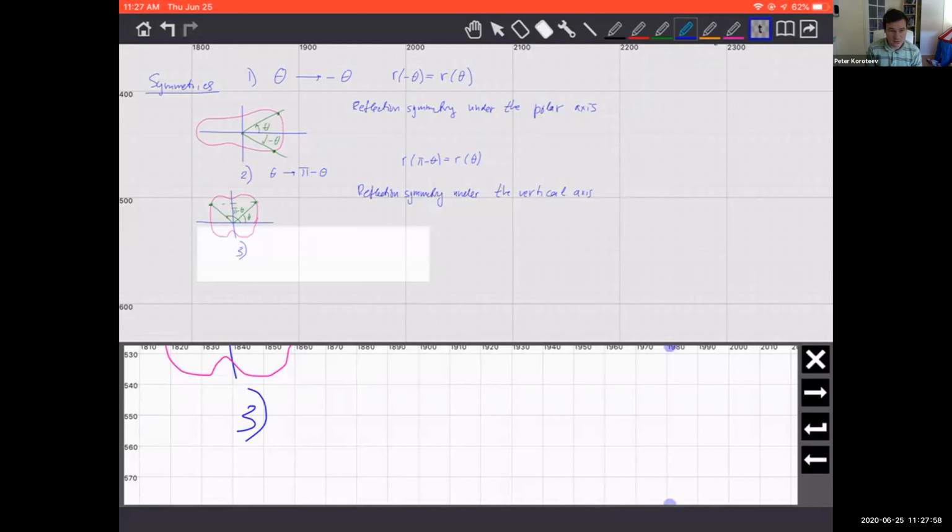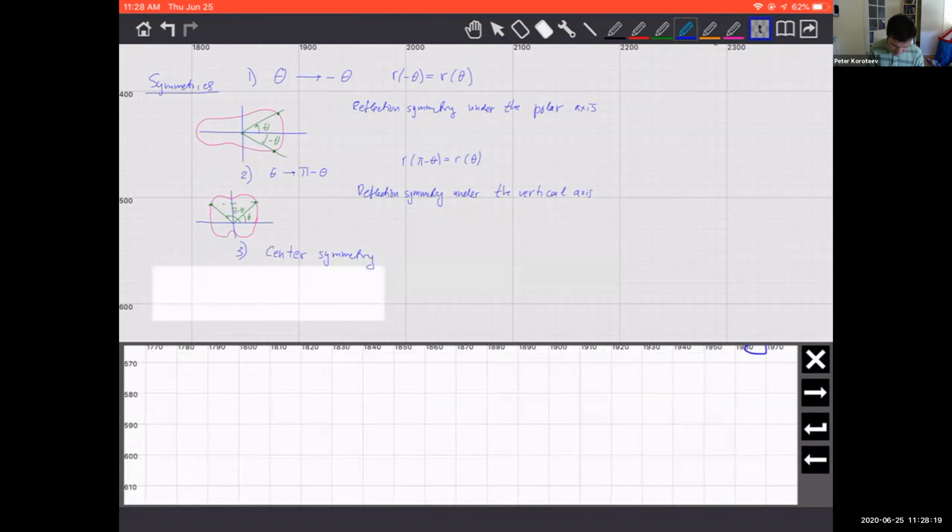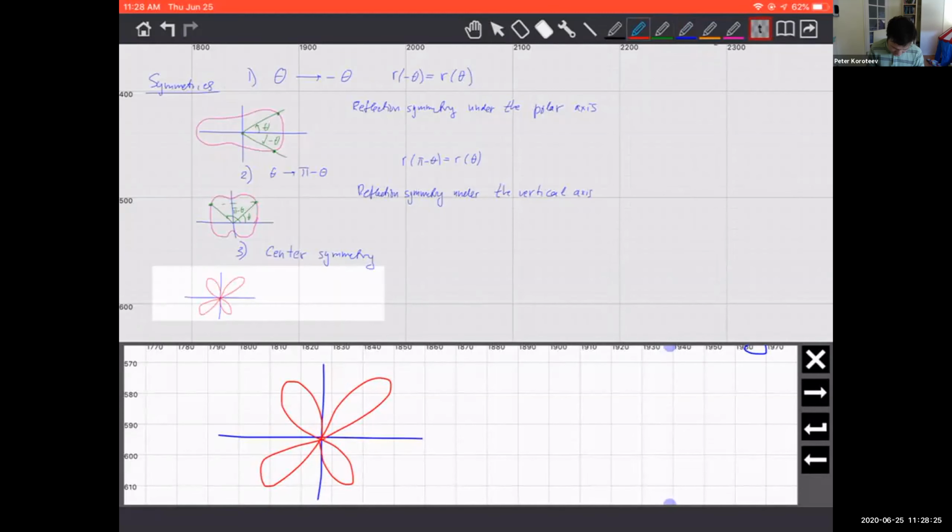Okay, what else? Then there might be a center symmetry. One of the examples of the center symmetry we saw I just showed you in Mathematica, right? So if you have this shape with two figure eights like this, this is the center symmetry of order, of degree 4, right?